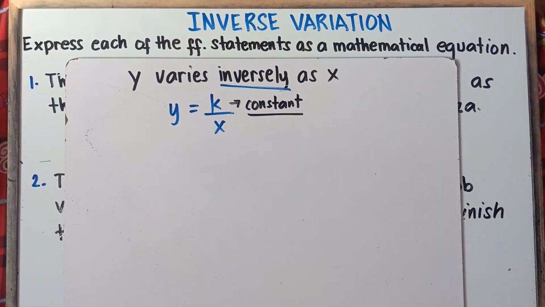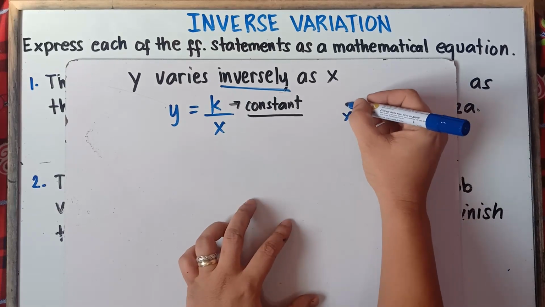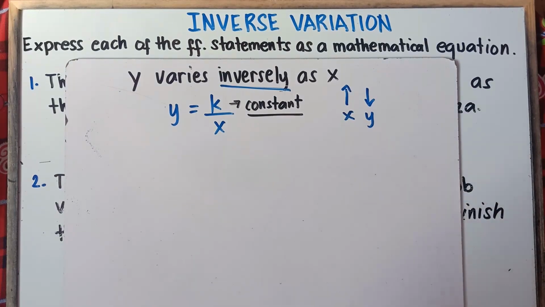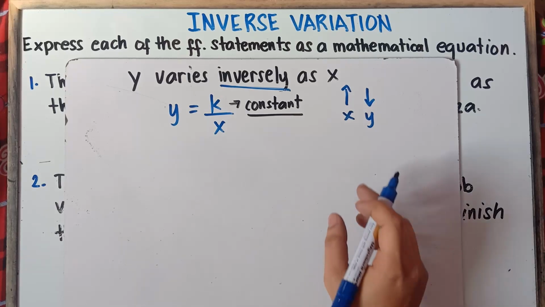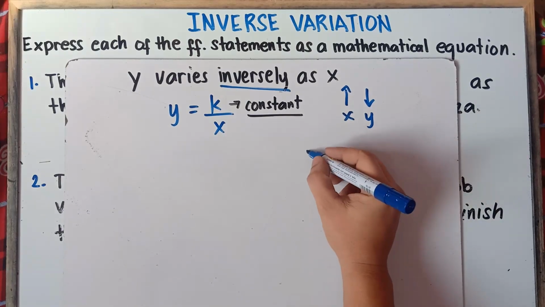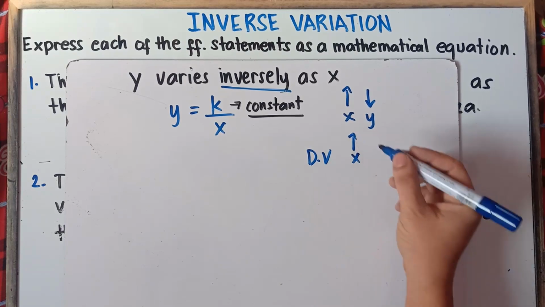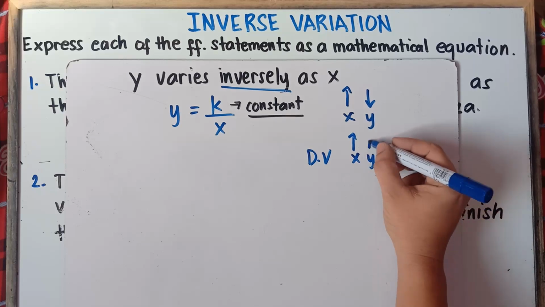Now in inverse variation, class, if your x value increases, your y value will be decreasing. That would be the opposite direction, class. It's very different from direct variation, because in direct variation, if you still remember, if your x value increases, your y value will also increase.